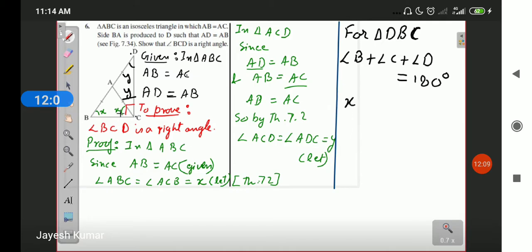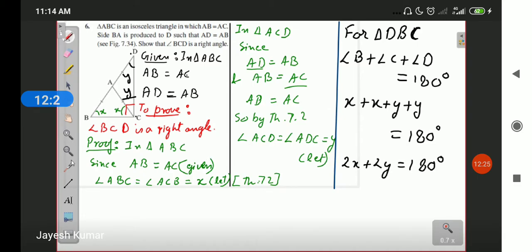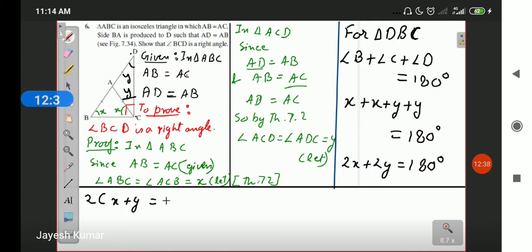Angle C is the sum of x and y, x plus y. And angle D was determined as y, and the sum is 180 degrees. We will simplify this expression. This will be 2x plus 2y equals 180 degrees. Taking 2 as a common factor, 2(x plus y) equals 180 degrees. Now this 2 goes to the other side as division, and the value of x plus y is 90.